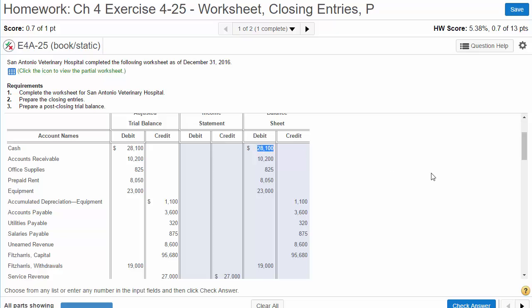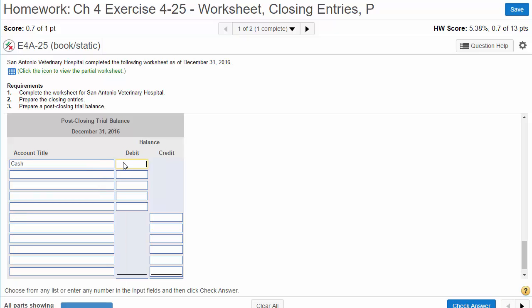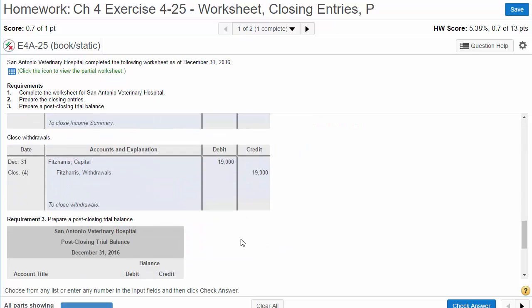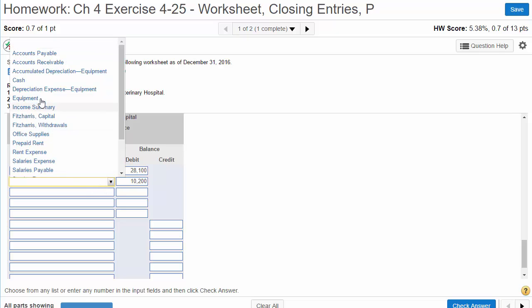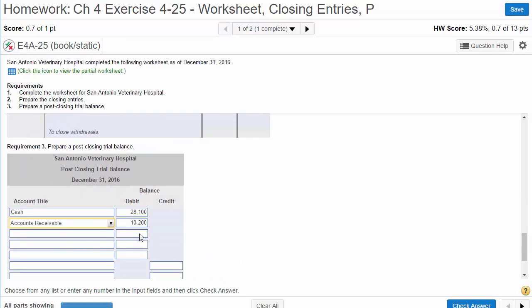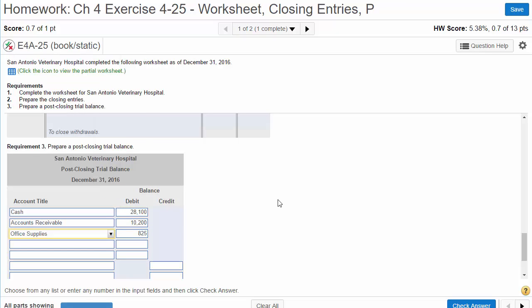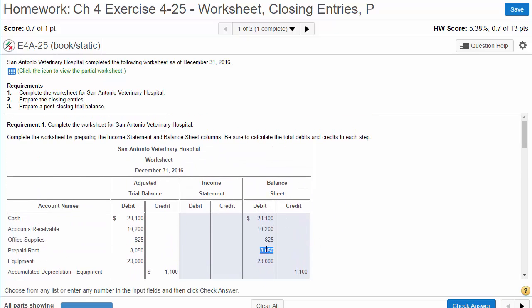So we have $28,100 of cash. Scroll back up. We've got $10,200 of AR. We've got $825 of office supplies. Again, I'm just getting the account balances up here that have not been closed, in other words, the permanent accounts.